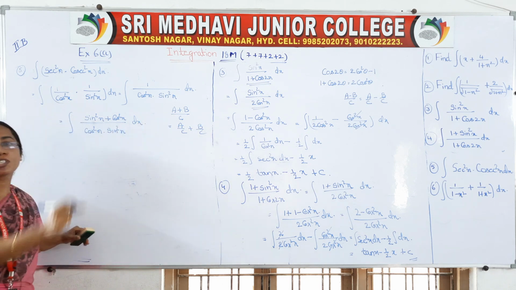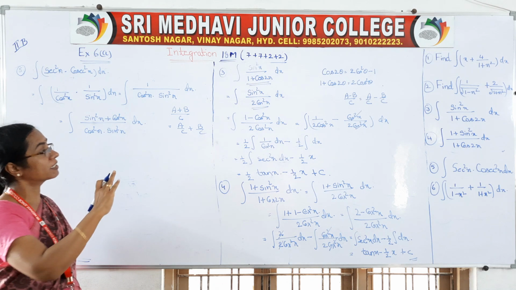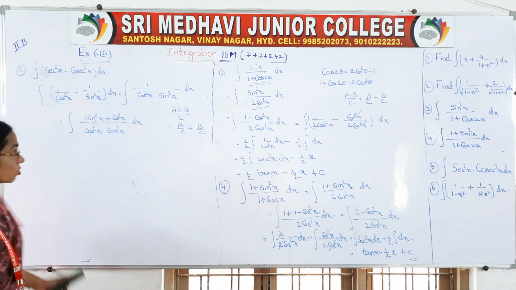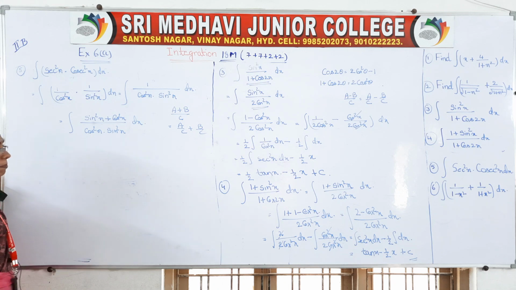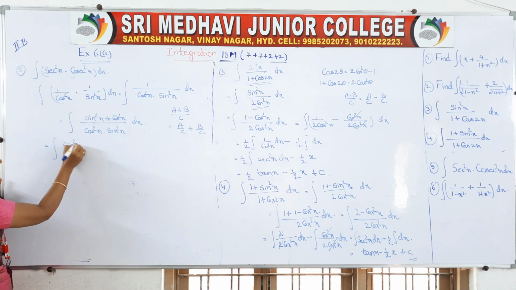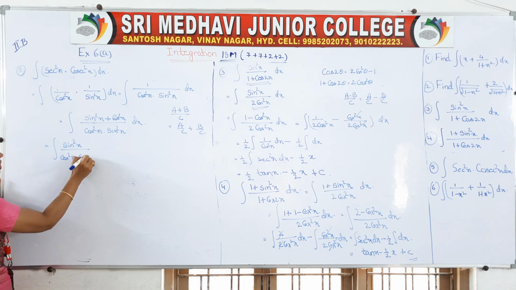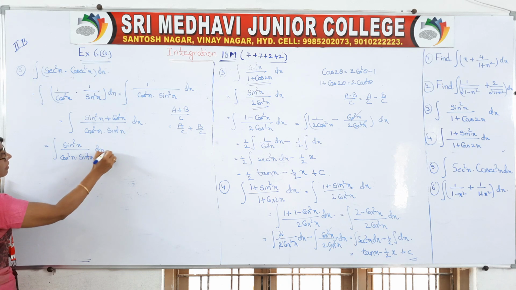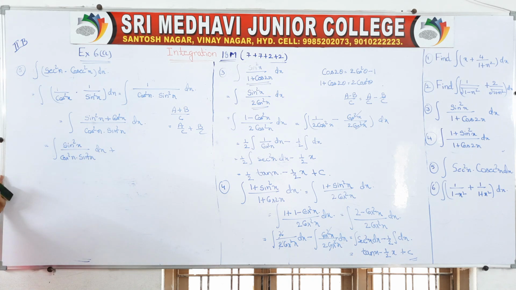Upwards two terms are there, in between plus or minus is there, so we can write separately. See how nicely the problem is coming. Sin square x by cos square x into sin square x dx. We are taking separate integrals, right?